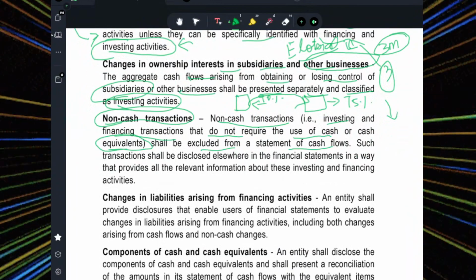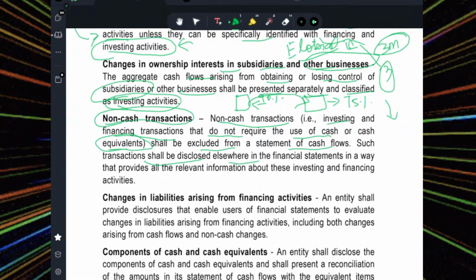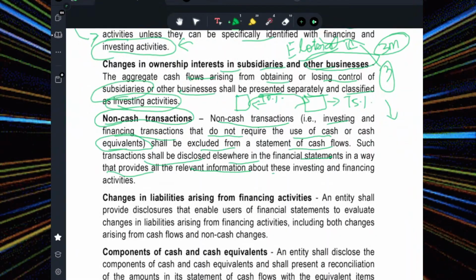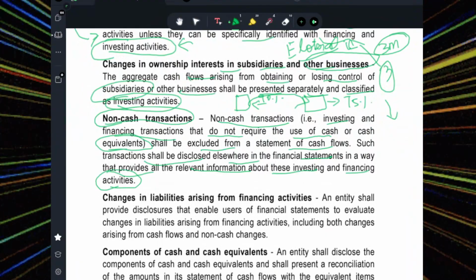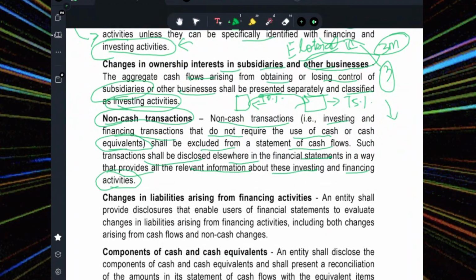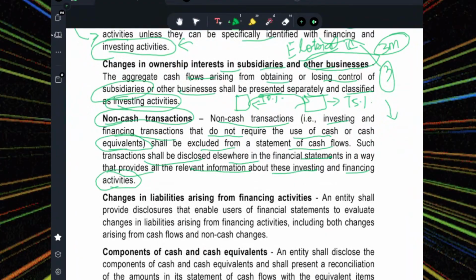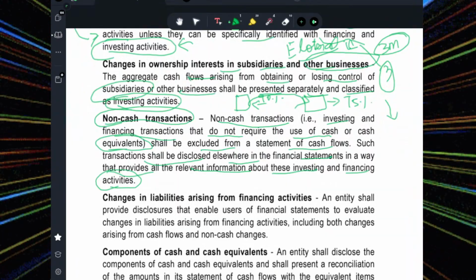If we use the indirect method, that you can use. Such transactions shall be disclosed elsewhere in the financial statements in a way that provides all the relevant information about the investing and financing activity. But it should be disclosed in the notes to accounts stating that this much is the amount that may be received. Some kind of information you need to give.